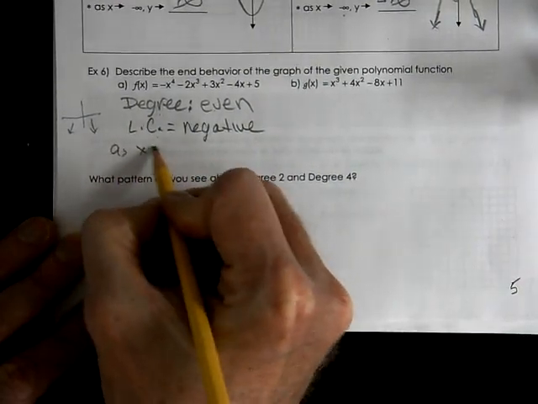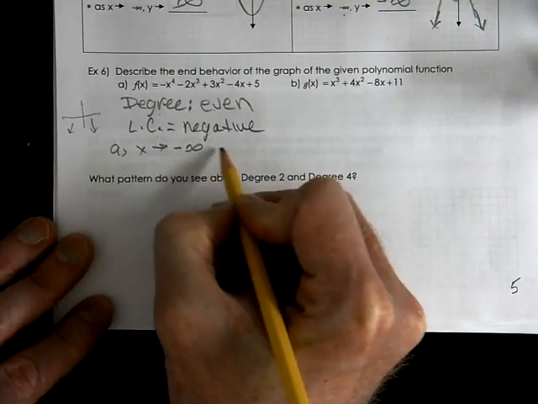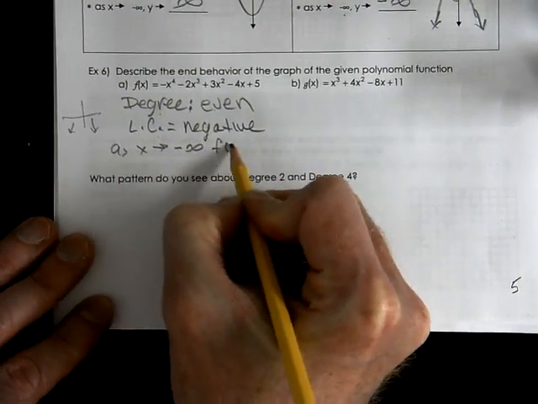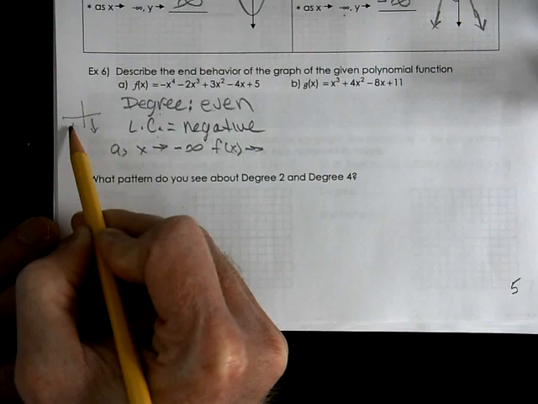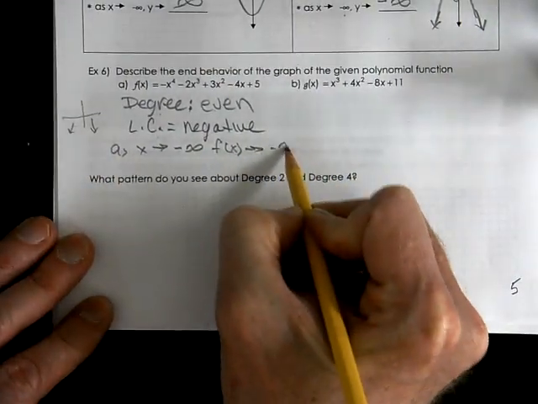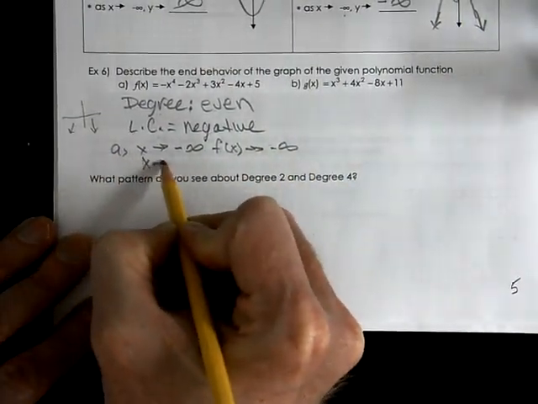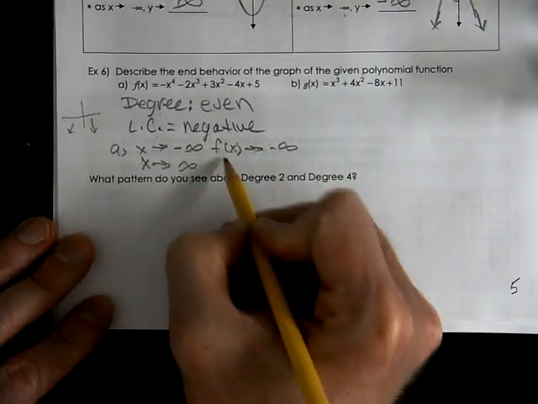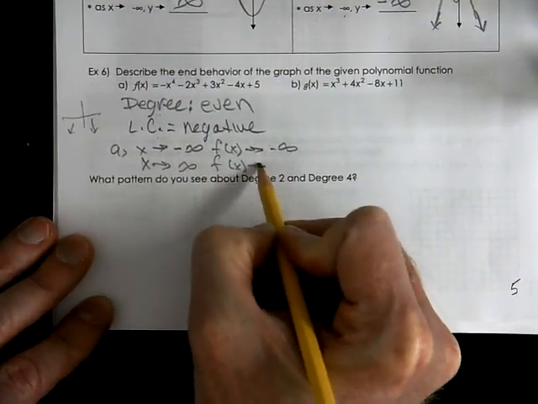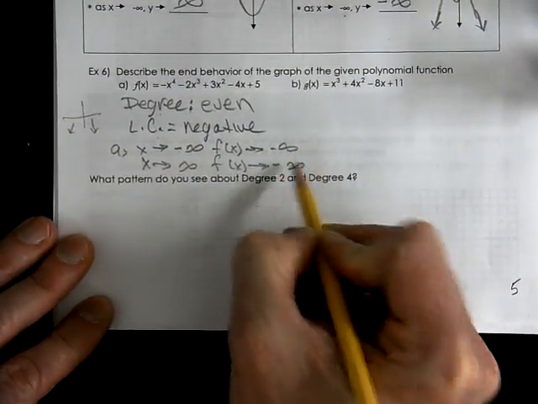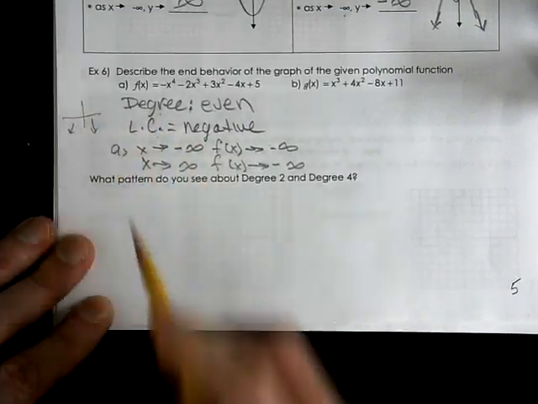So as x approaches negative infinity, the function falls to the left. As x approaches positive infinity, the function falls to the right.